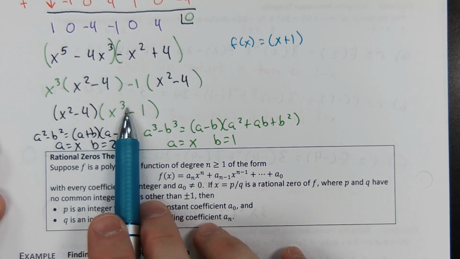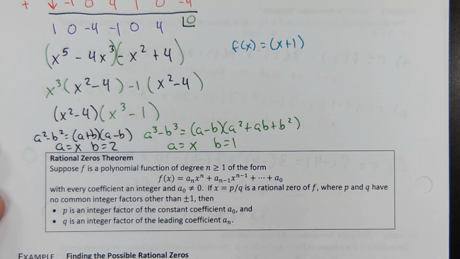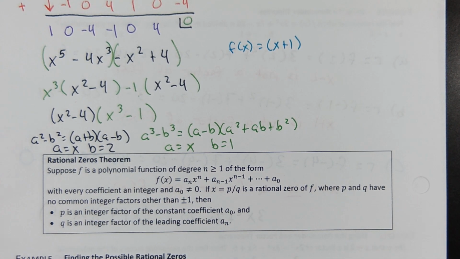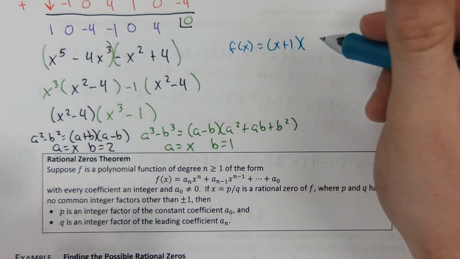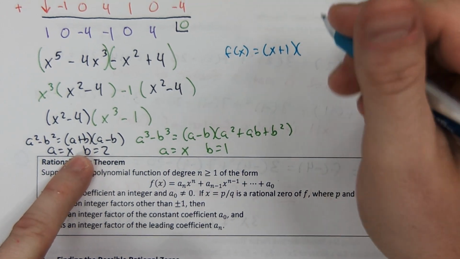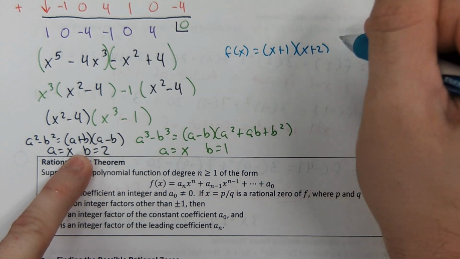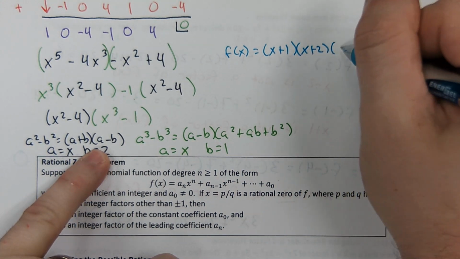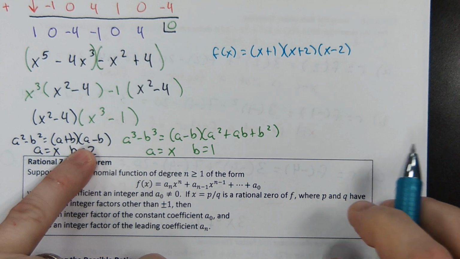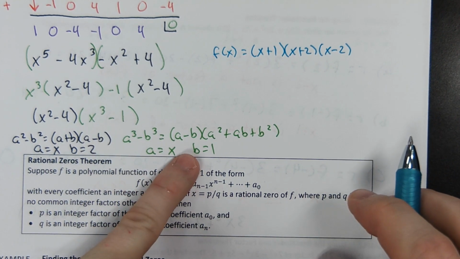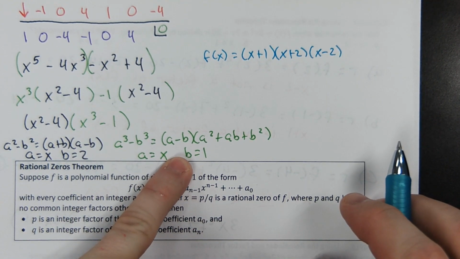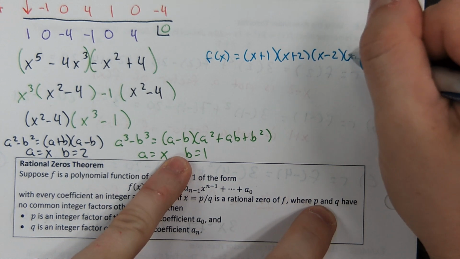The black and green are both special cases. They both factor. I'm going to write it all in blue, but a plus b, so that's x plus 2. A minus b, x minus 2. Now to the green. A minus b, x minus 1.